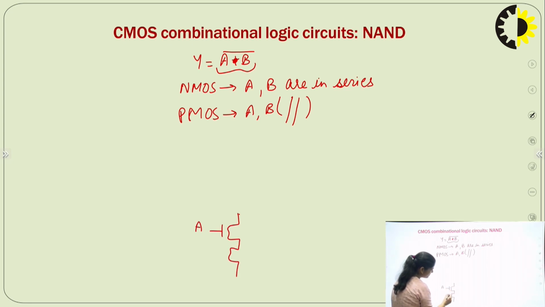This is A, B, this is connected to ground. Here you will get the output. Now A and B are connected in parallel.